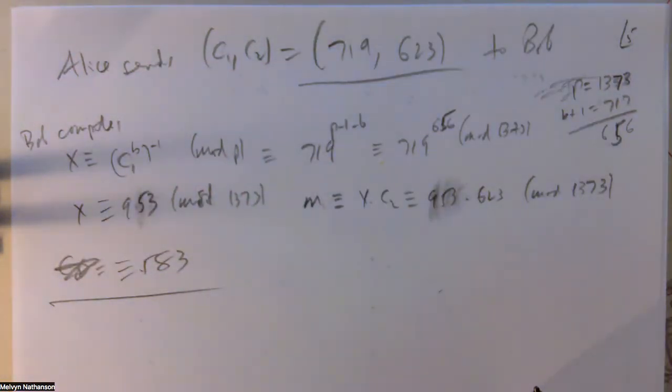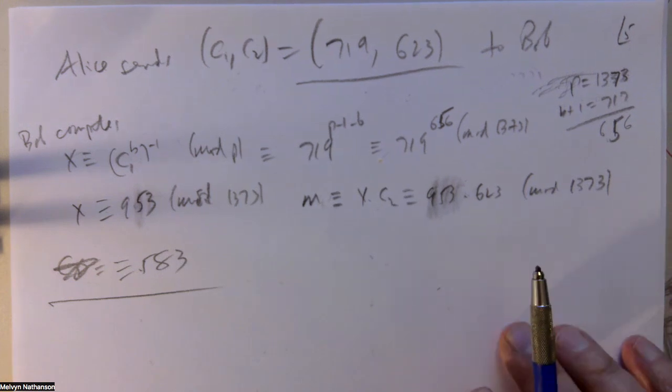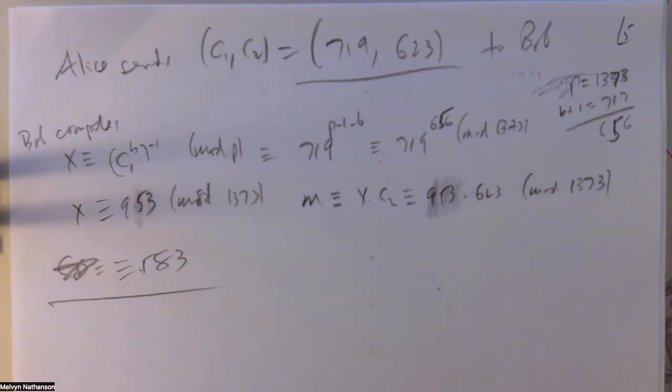There the exercise is to decrypt it, but the method is exactly what I used over here. And that's really the guts of this problem. So I think we'll stop right here.